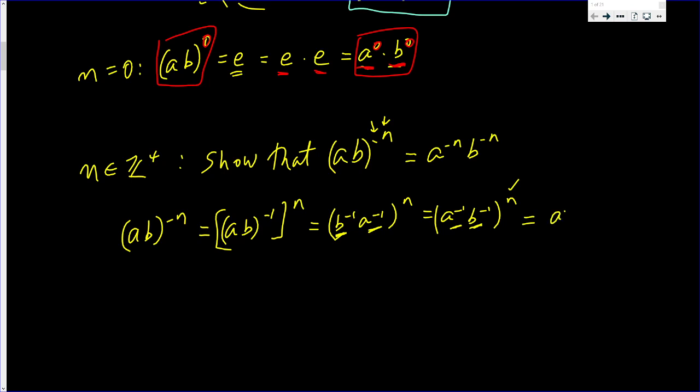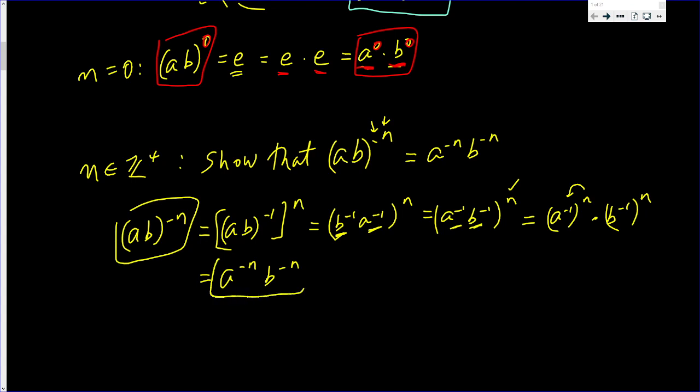We already proved that it's the first element to the nth power times the second element to the nth power. But that's the same as A to the negative n times B to the negative n. I started off with this, I showed it equals that, and that's exactly what I wanted to show. And since that's the last case, this is the end of the proof.